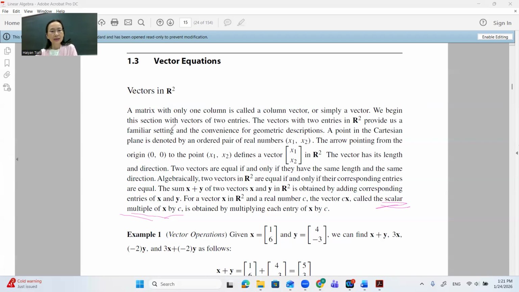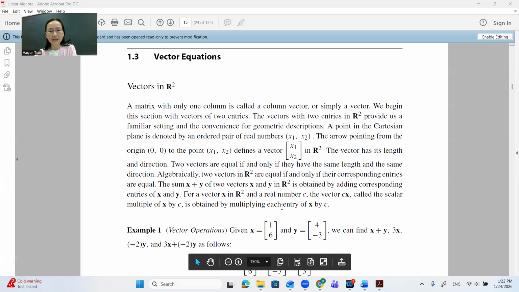So the sum is simply add the corresponding entries of two vectors. Of course, the two vectors must be of the same dimension. So suppose one vector is in R2, then the other vector should be in R2 as well, because then they are of the same shape. Then we add the corresponding entries. So here is one example.